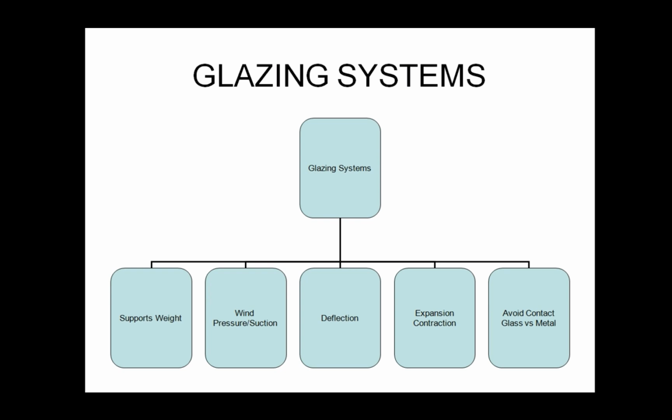And again, you're trying to avoid metal contacting glass, not only for drainage and support, but also because of the movements of the building, whether it's swaying, bending, expanding with heat, or contracting with cold. You don't want glass and metal to contact, as it could damage the glass.